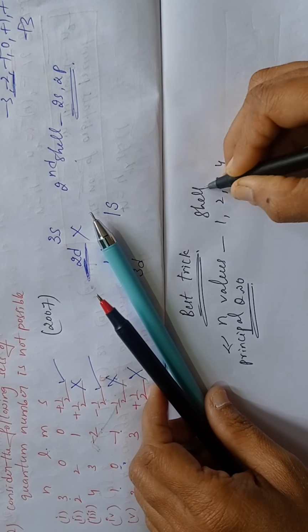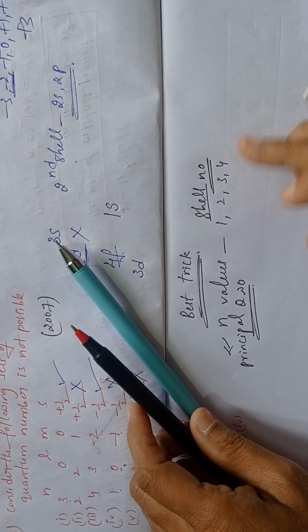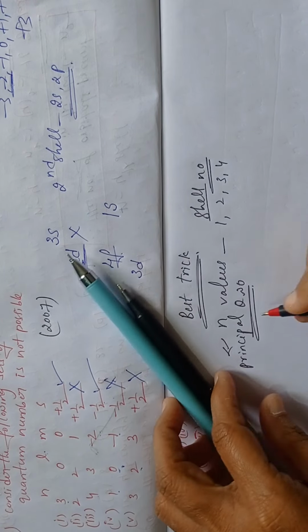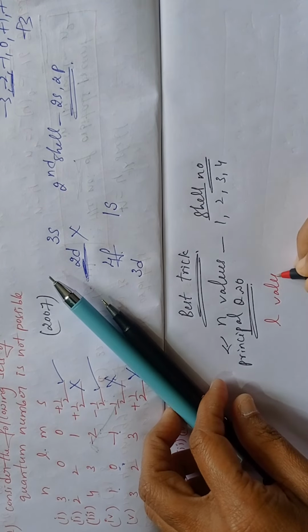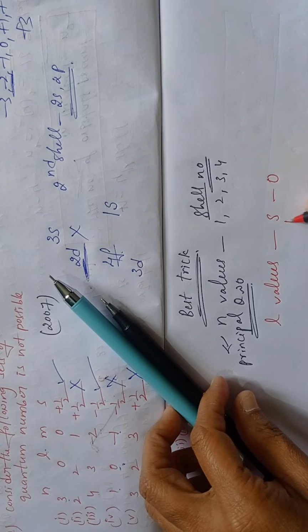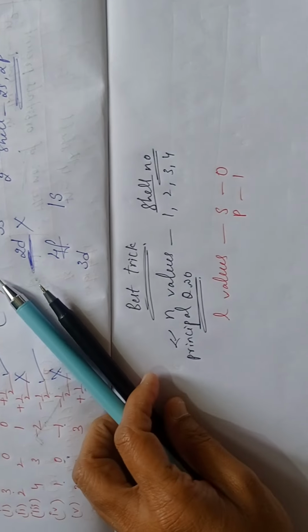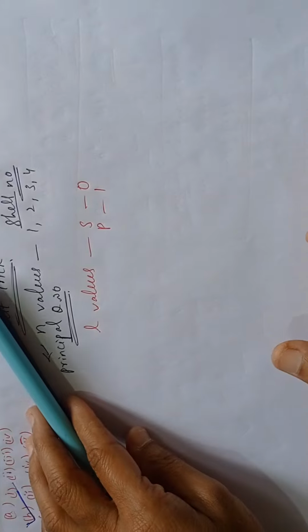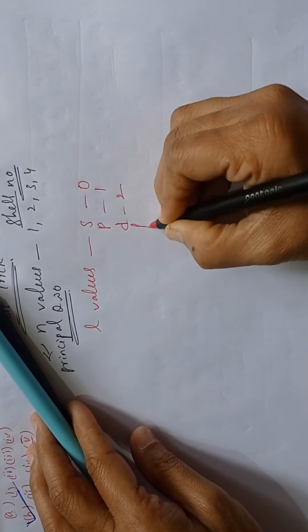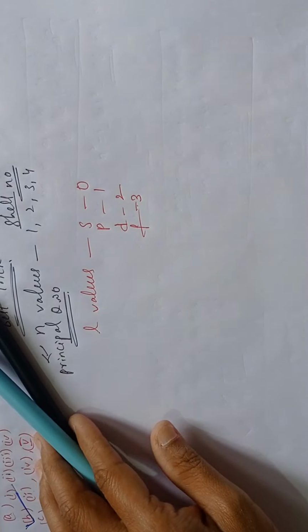Now coming to the l values. For the s subshell, l is 0. For the p subshell, 1. For the d subshell, 2. For the f subshell, 3.